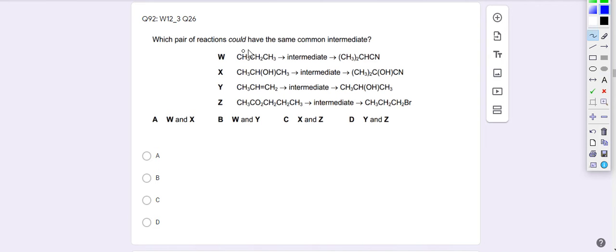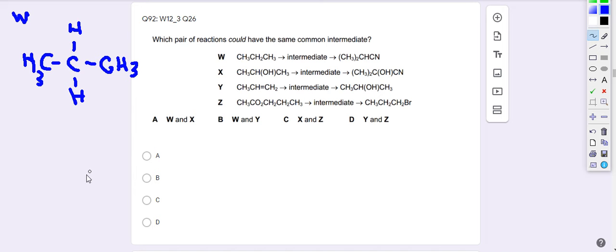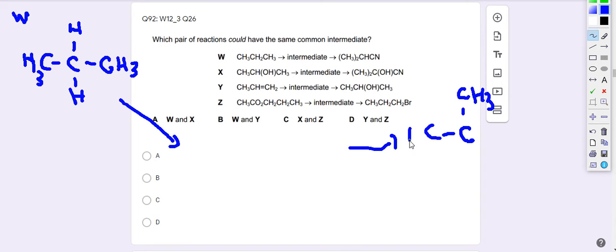Now, W, the first reactant is CH3, CH2, CH3. Now, this has to form something that we do not know what. And at the end, you get CH3, CH2, CH3 with CN.